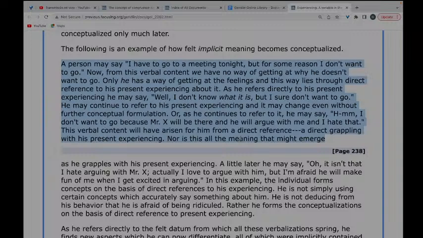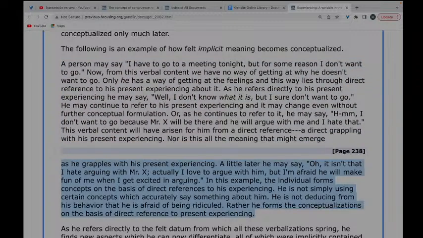This verbal content will have arisen for him from a direct reference, a direct grappling with his present experiencing. Nor is this all the meaning that might emerge as he grapples with his present experiencing. A little later he may say, oh, it isn't that I hate arguing with Mr. X. Actually, I'd love to argue with him, but I'm afraid he will make fun of me when I get excited in arguing.